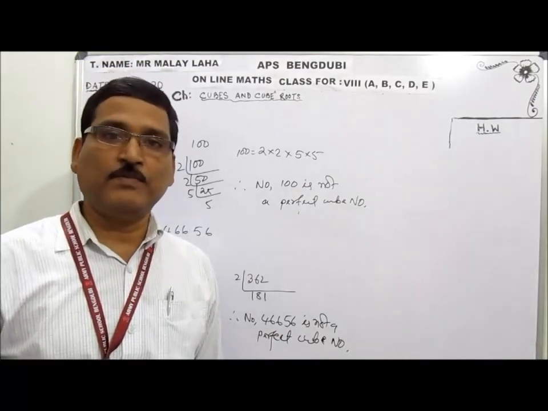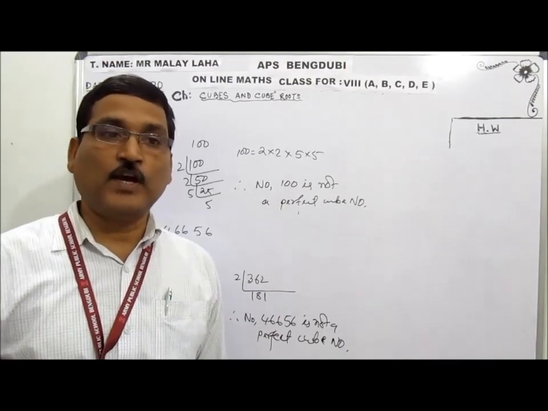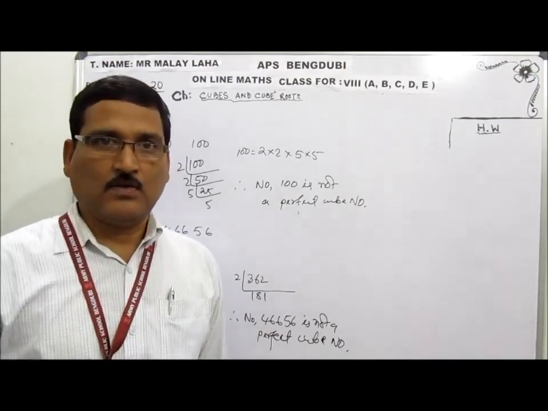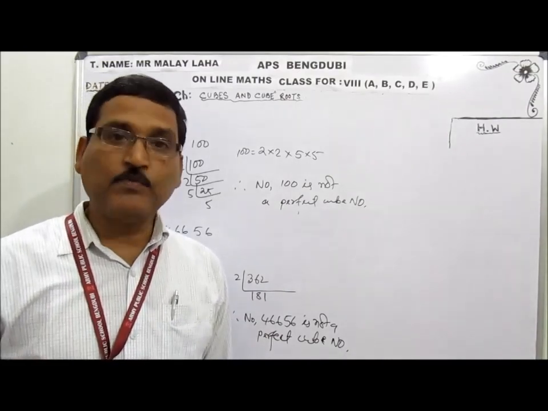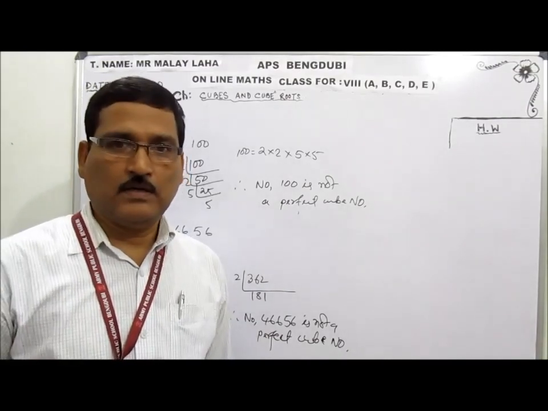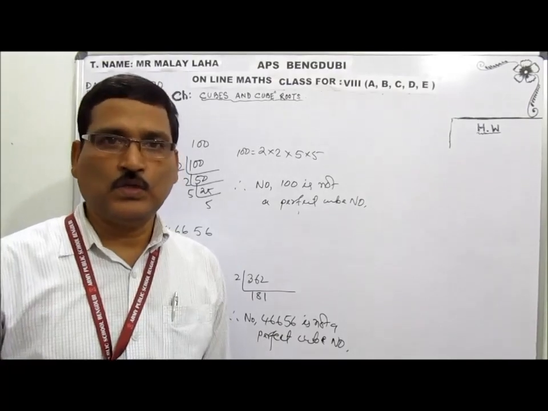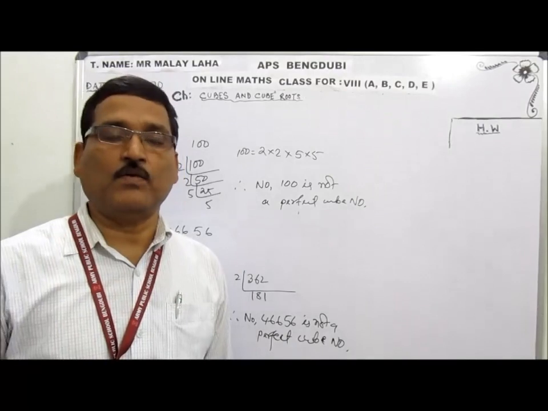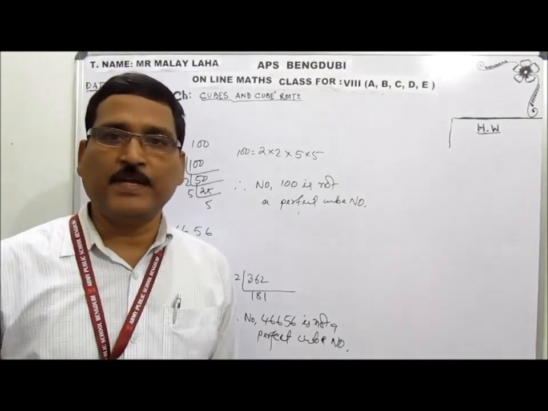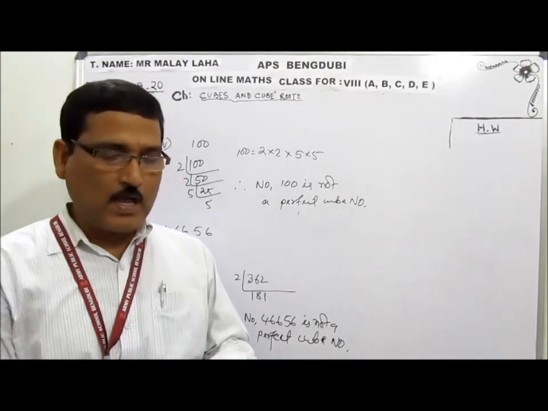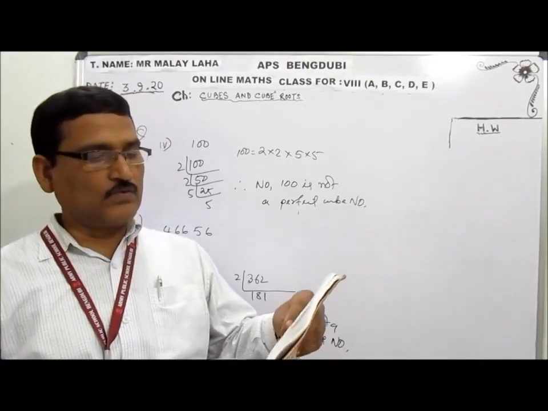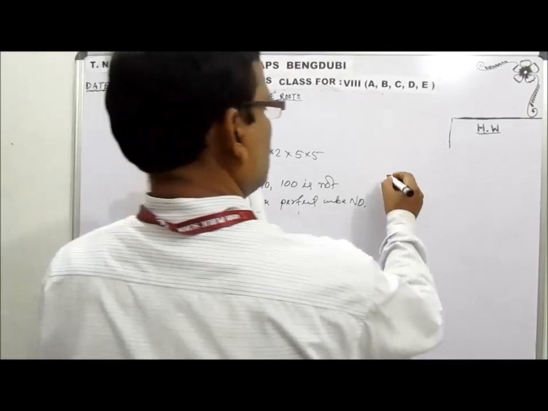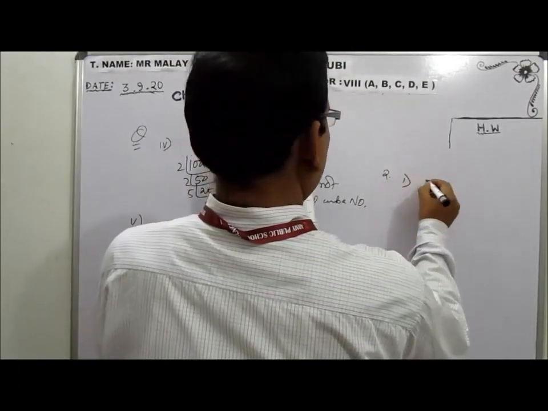In an earlier video I told you, when you have to multiply, you have to make a group of three common factors. If it does not have, you have to supply. If any number has 2, then I need one more 2. That one more 2 is the answer. By what least number you have to multiply to make it a perfect cube number.